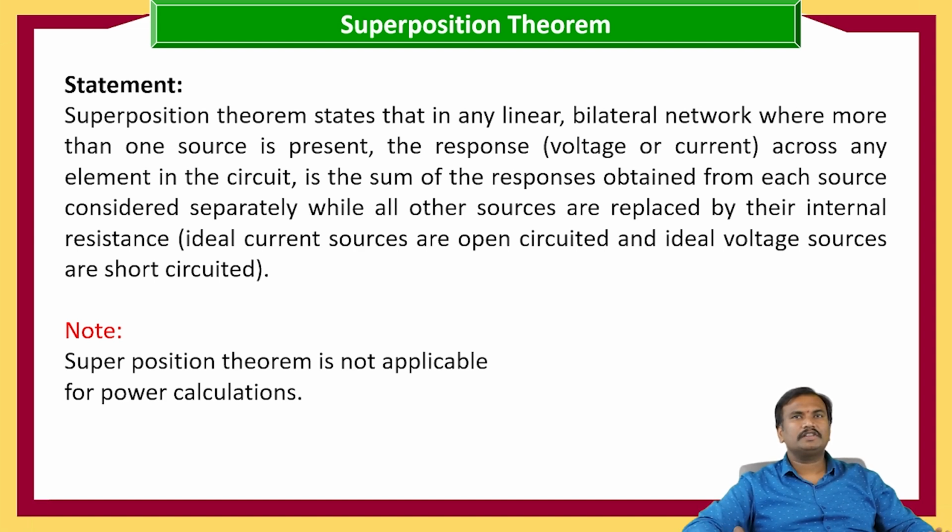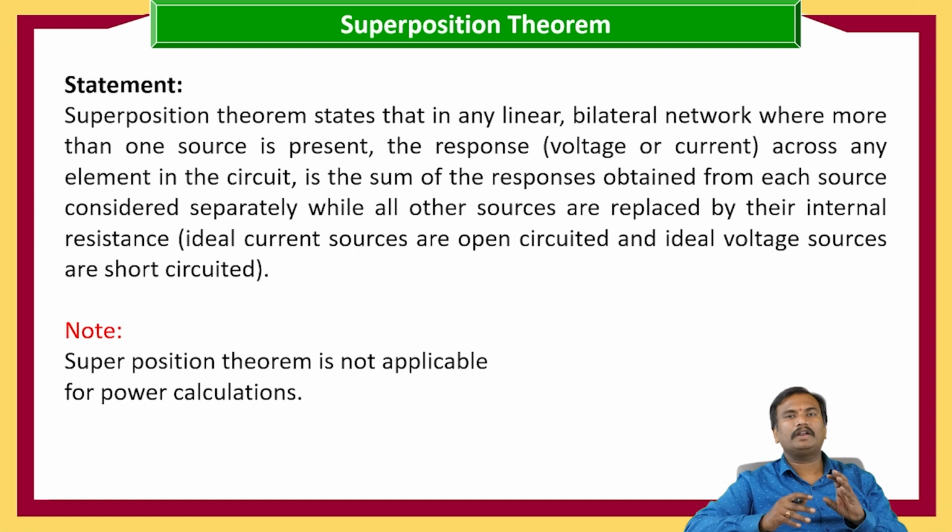Whenever we want to calculate the current flowing through any element in the given circuit which has more than one source, the response is equal to the sum of responses caused by individual sources acting alone.